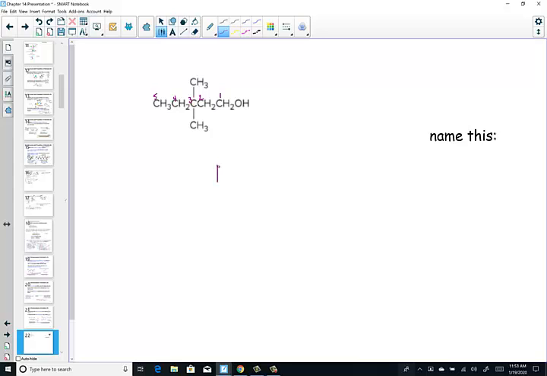So right now with 5 carbons, I have the parent called pentane, and it's going to end with ol, and the carbon that that alcohol is attached to is on carbon 1. So right now the parent is 1-pentanol.